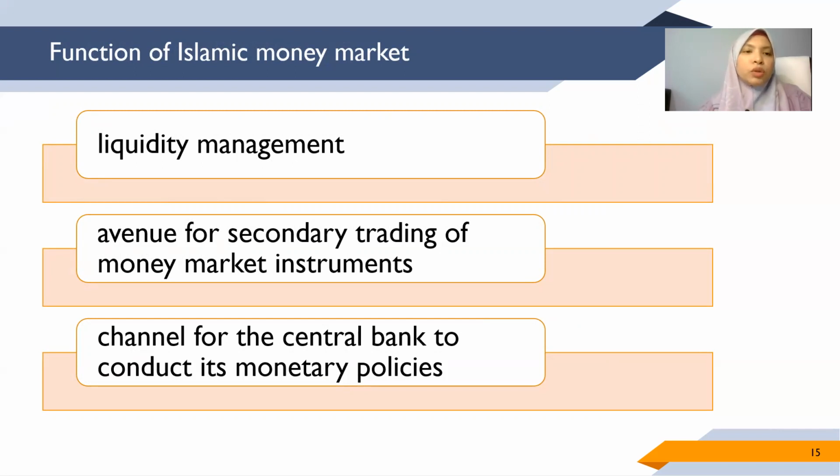And the last one is a channel for the central bank to conduct its monetary policy. The central bank will provide short-term financing to banking institutions that are in a deficit situation.